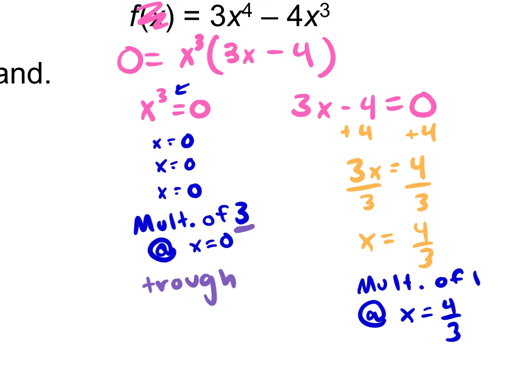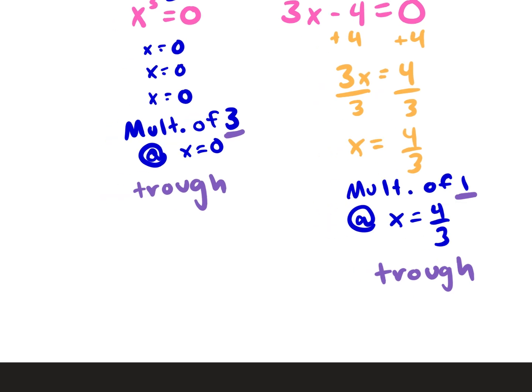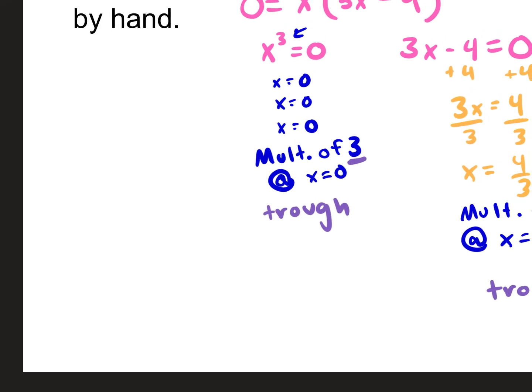So we go through 0. And then again, I have a multiplicity of 1 at 4/3. So do I go through or touch and turn? I go through because 1 is an odd number.